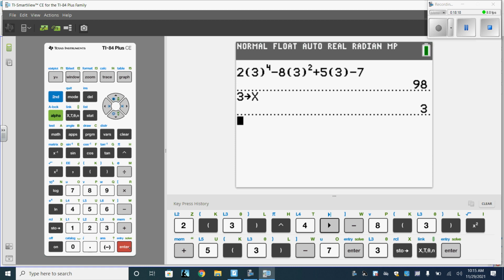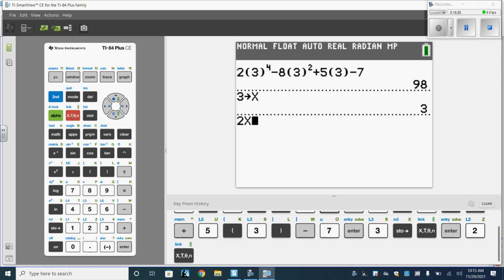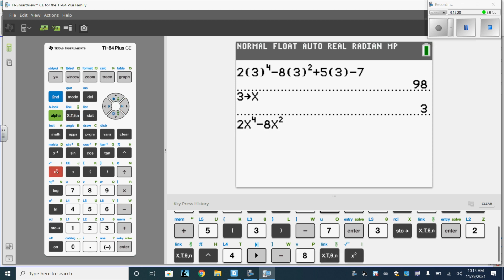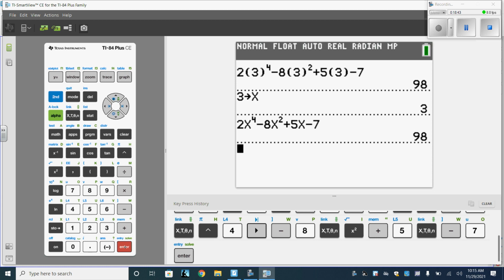So what we can say now is 2x to the 4th minus 8x squared plus 5x minus 7. Because I can type the function in with x, and if we hit enter, it tells us that it's 98.